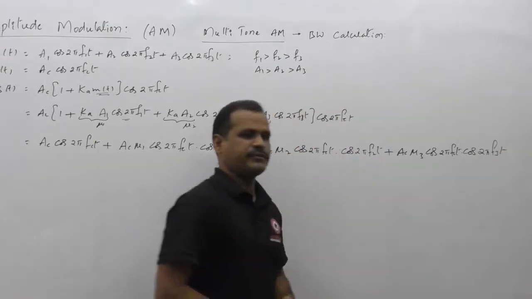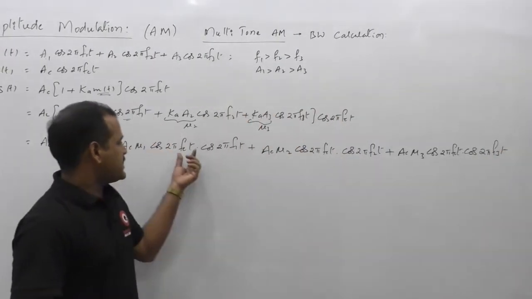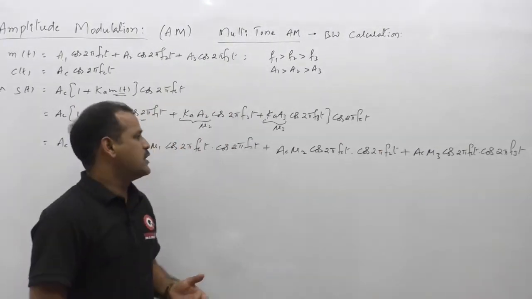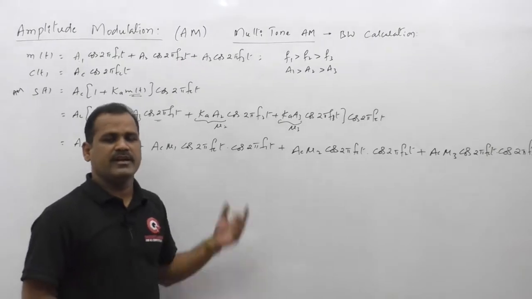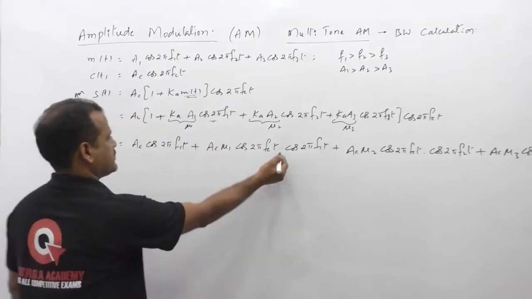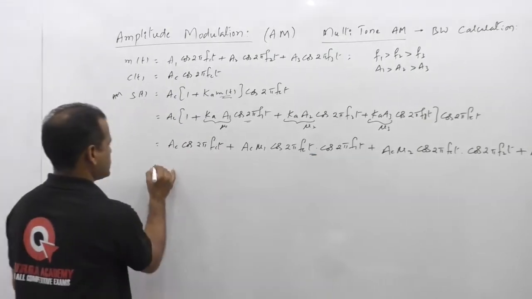If we observe this expression, we have cos C cos D expansions 3 times. Let us take the trigonometric identity to divide this cos C cos D term in terms of cos C plus D and cos C minus D terms. I am dividing these products into individual cos terms like this.